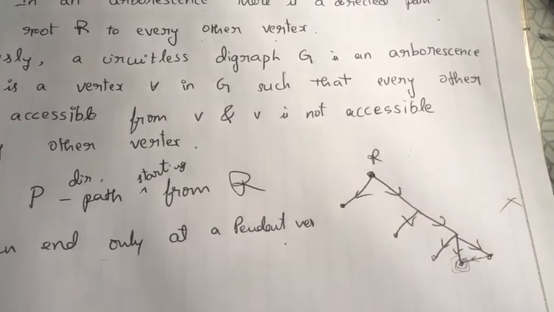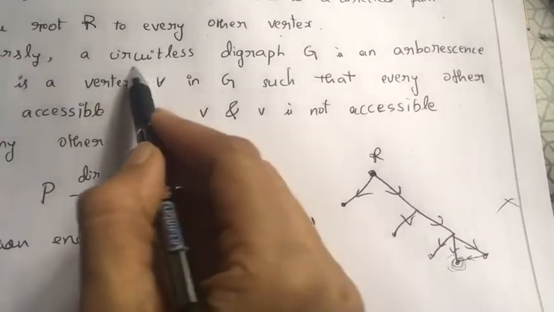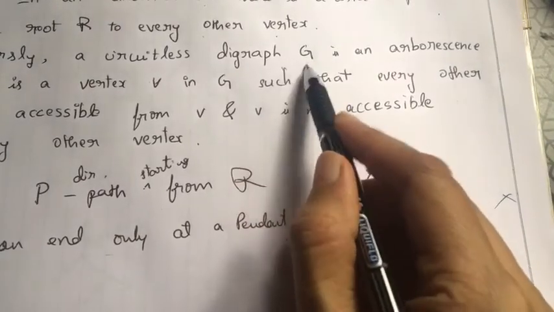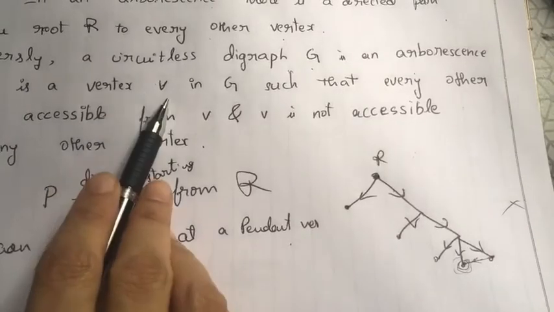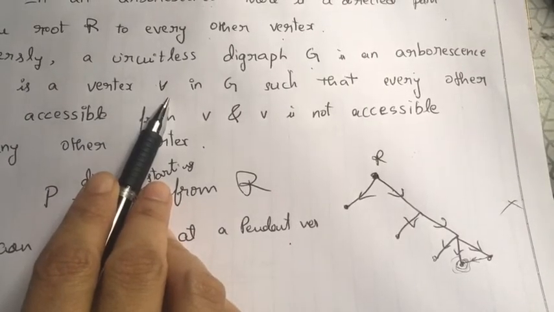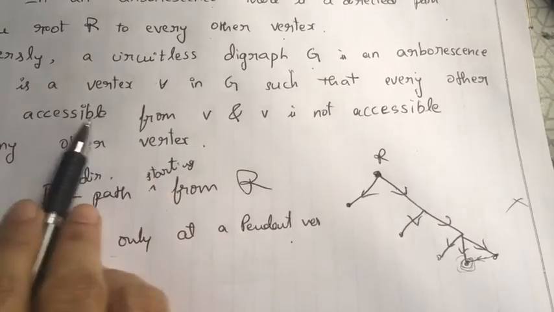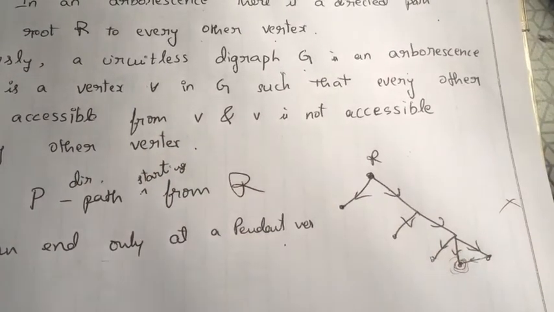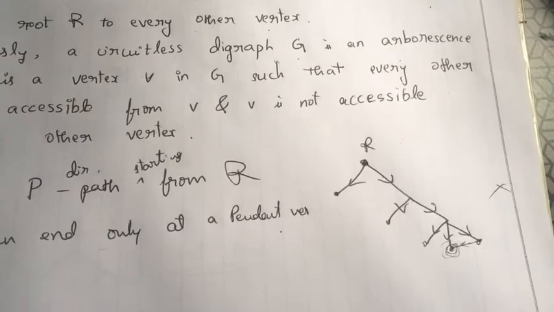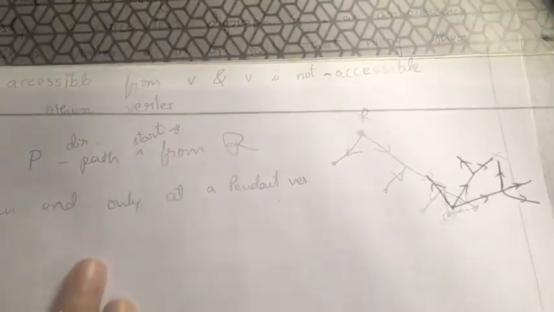Let us look at the second part. It says a circuitless digraph G is an arborescence if there is a vertex V in G such that every other vertex is accessible from V and V is not accessible from any other vertex.